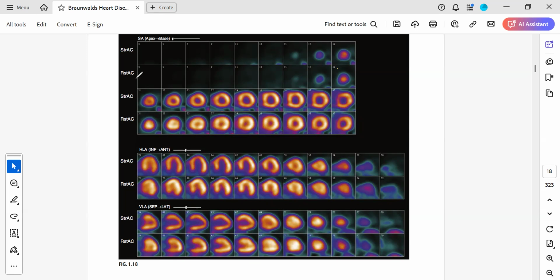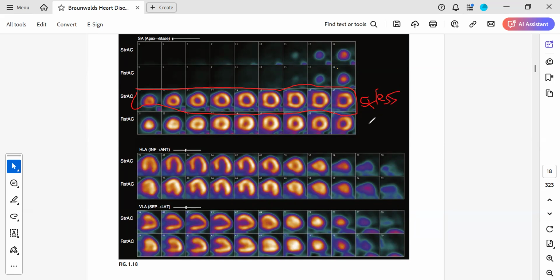When we go to the third and fourth columns, we also observe, comparing stress and rest, that the uptake is more pronounced at, no, the cavity. I think we are considering the cavity more here. The cavity is larger at stress compared to at rest.